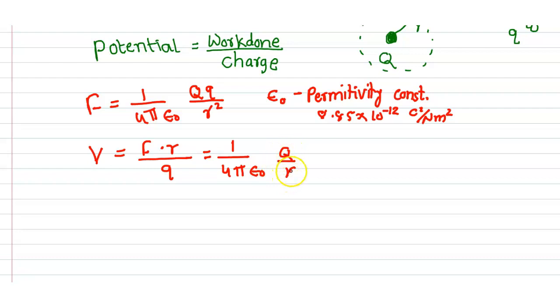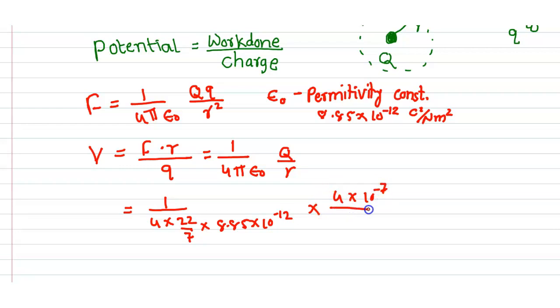Now we have the value of Q, we have the value of r, so we can put these values and get the potential. So 1 upon 4 into pi value is 22/7, into epsilon naught value 8.85 into 10 to the power minus 12, into Q, given in the question, 4 into 10 to the power minus 7, and the distance is also given, 9 into 10 to the power minus 2.